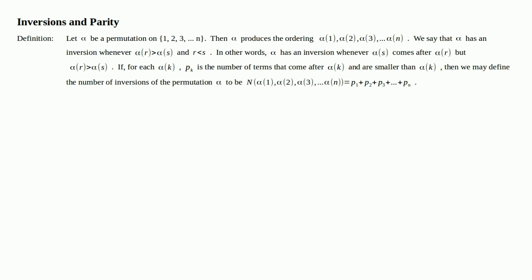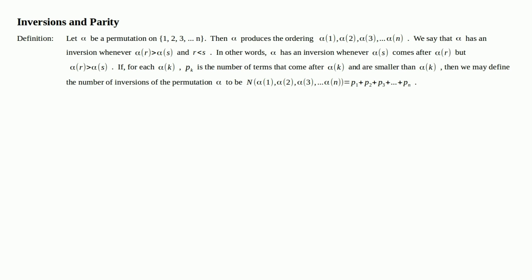So moving on here. We say that alpha has an inversion whenever alpha of r is greater than alpha of s and r is less than s. In other words, alpha has an inversion whenever alpha of s comes after alpha of r, but alpha of r is greater than alpha of s.